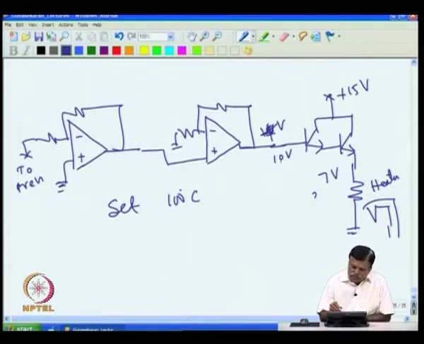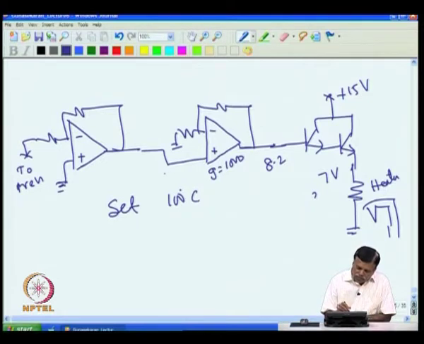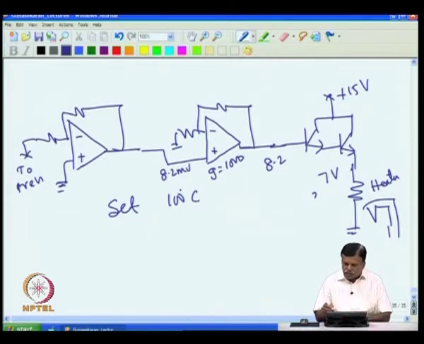The 7 volt here calls for 8.2 volt here. If you give 8.2 volt, I will get 7 volt. To get 8.2 volt, if the gain is 1000, I need 8.2 millivolt here. That means 8.2 millivolt will become 8.2 volt and that will become 7 volt. Assume that 7 volt is what is required to keep the oven at 100 degree C.